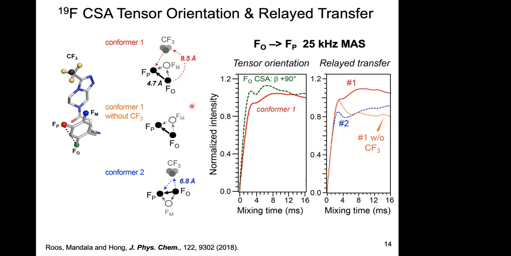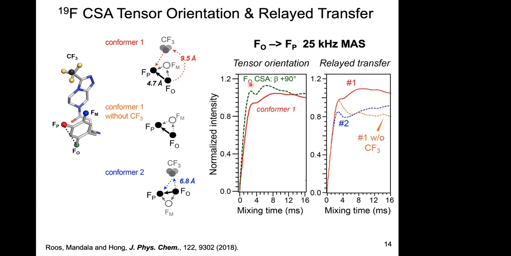Then in terms of tensor orientation, how does that affect your dipolar transfer? In the simulation, you can show, well, okay, if I pretend that the FO CSA tensor orientation is changed by 90 degrees, and which one is changed? Well, if there are two tensors, I can always focus on the primary principal axis, the z-axis of each chemical shift tensor. And whether two tensors are this way or 90 degrees off, they're going to make a difference to the dipolar transfer.